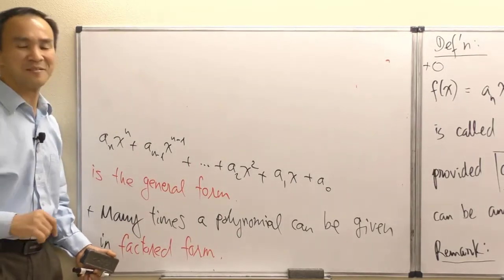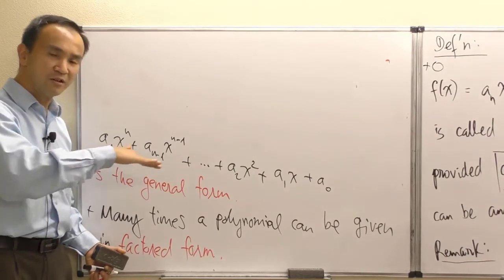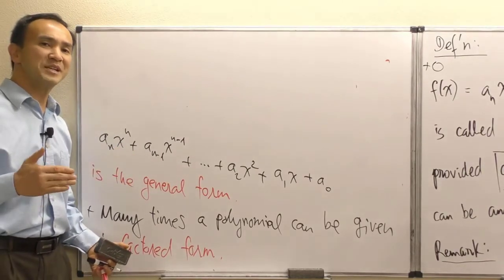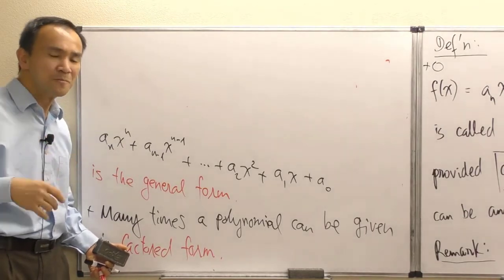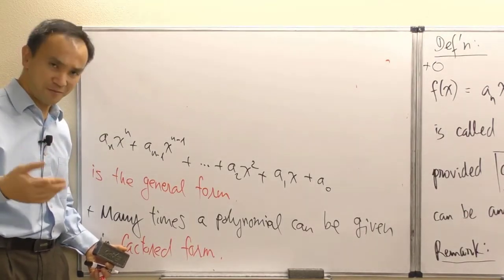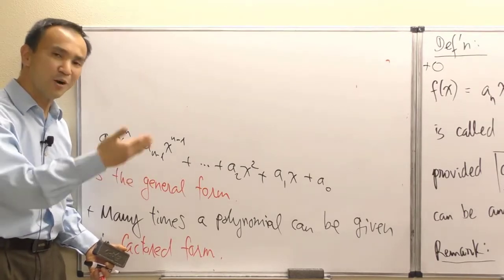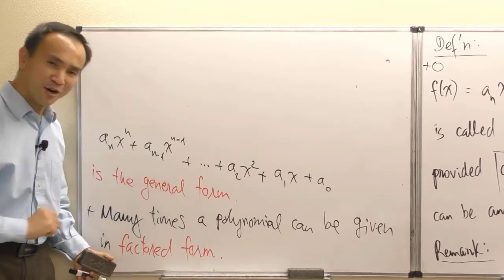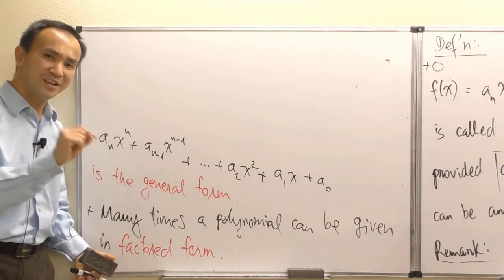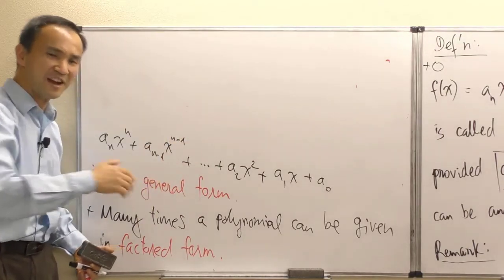Usually we're not expected in our class, when dealing with polynomials of higher degree than 2, to find a factor form. Rather, we're given a polynomial in factor form, and we are expected to know how to work with it.